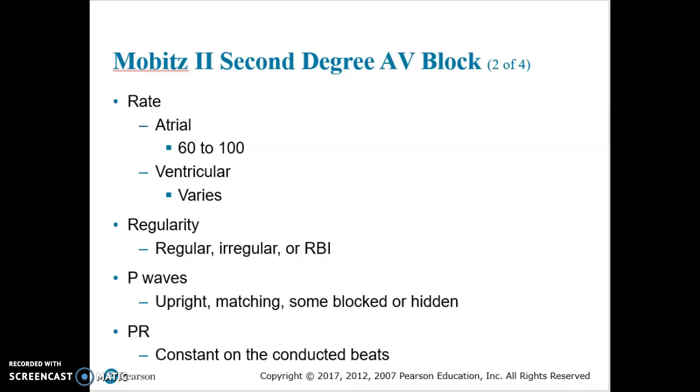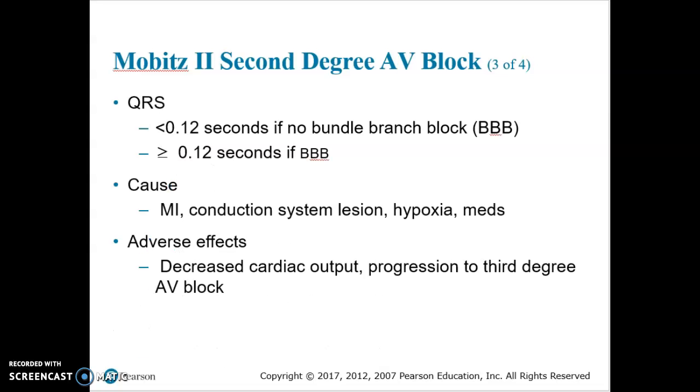So we've got several variations that this could show up with on our criteria. The P waves tend to be upright, matching. Some of these are blocked or hidden. All the P waves except the blocked P's have QRSs behind them. The PP interval here is regular. Again, some of the P waves may be hidden in the QRS or the T waves, so we want to look for those footprints in the sand. The PR interval is constant on the conducted beats.